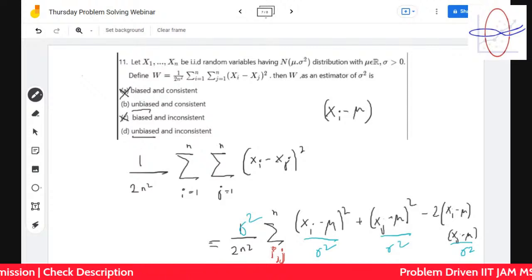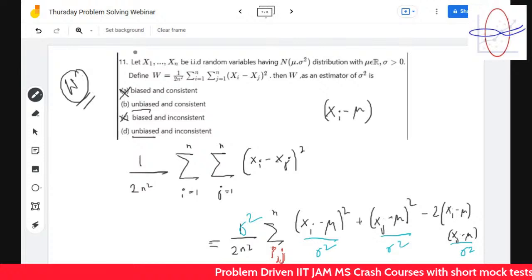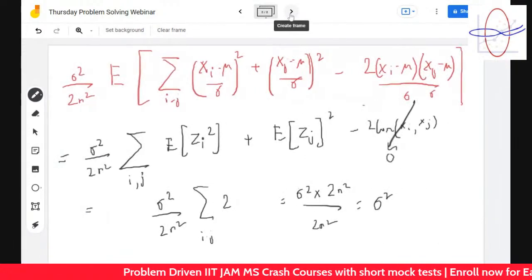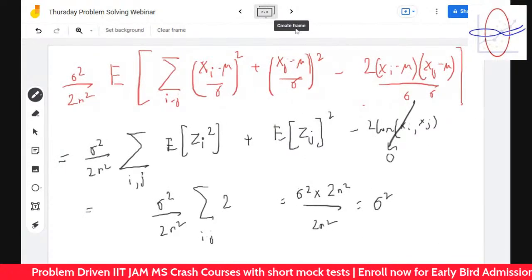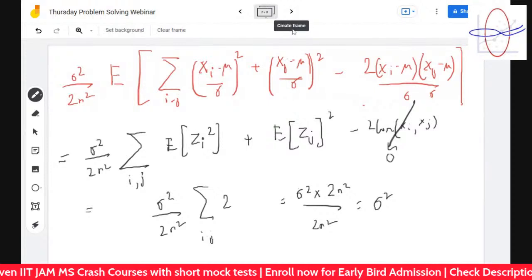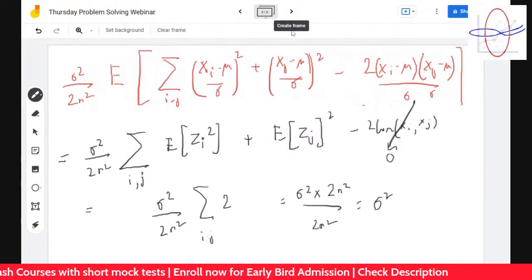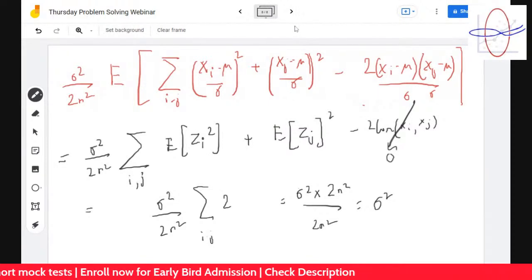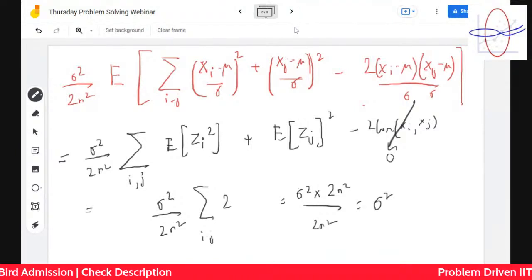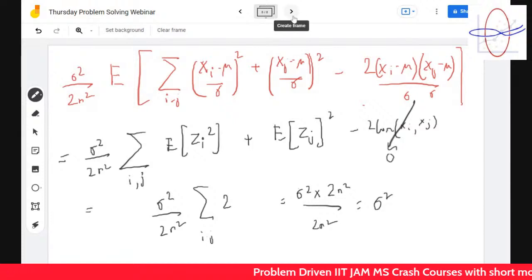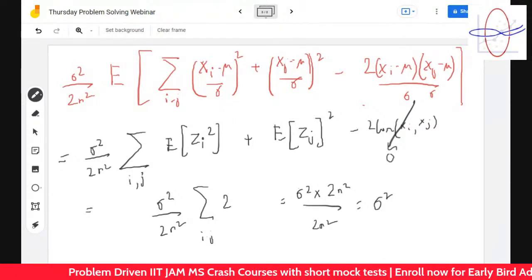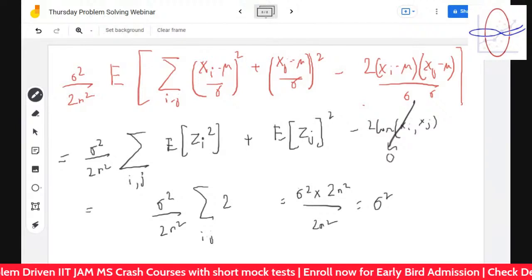So can you find the distribution of W? Maybe we can find the distribution of W.